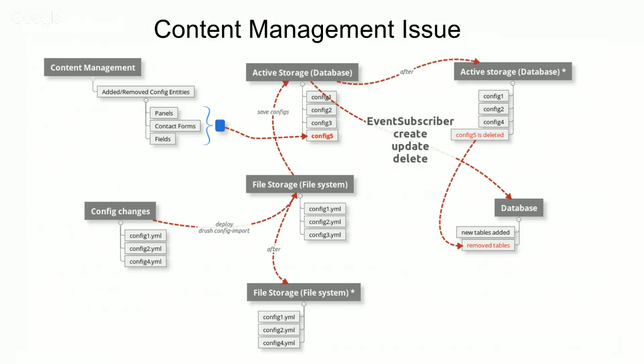And when you are going to deploy your changes to configs and use regular drush config import, drush will diff the active storage against file storage and think of the configs from content management as to be deleted, and all the changes made by content managers can be gone after your deploy. How to deal with this case?